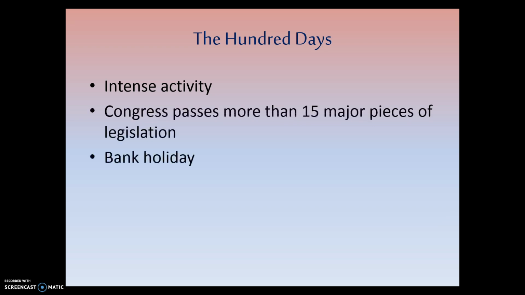He will also implement what is called the bank holiday. He will essentially temporarily close all banks to prevent people from being able to withdraw money from those banks. The mass withdrawal is only making problems worse in the economy, so he's wanting to put that to a pause.